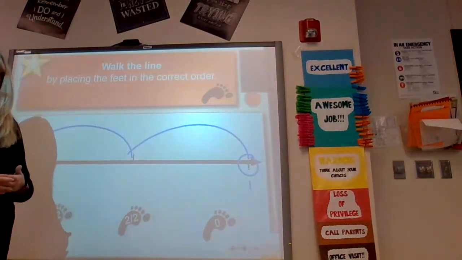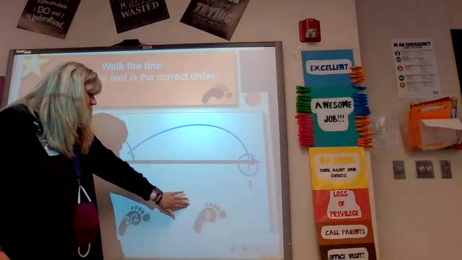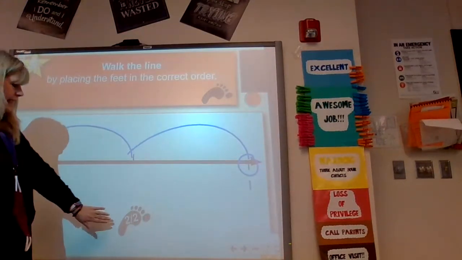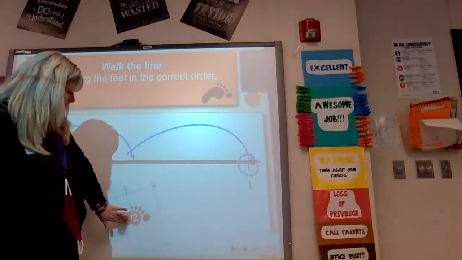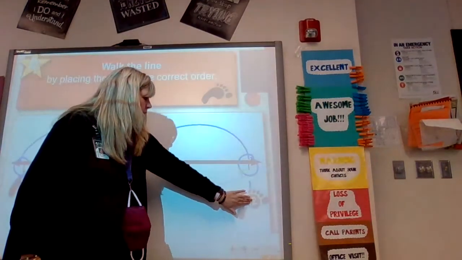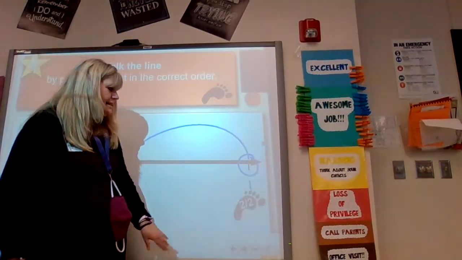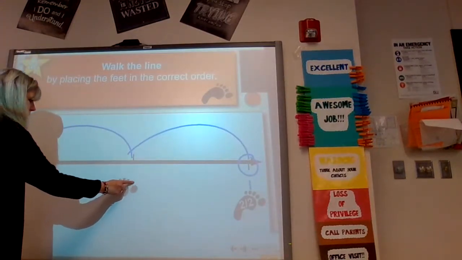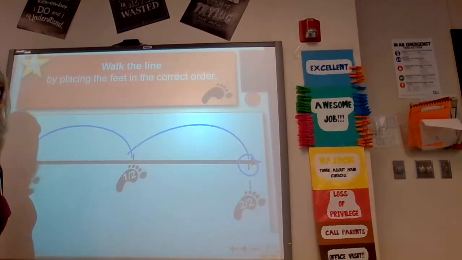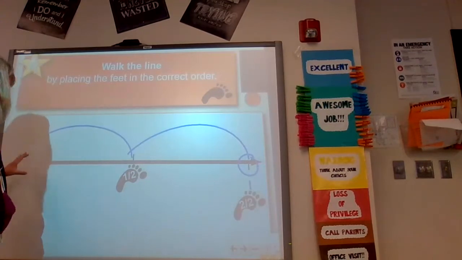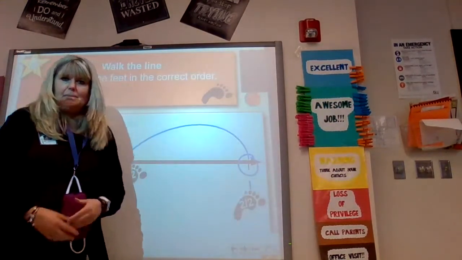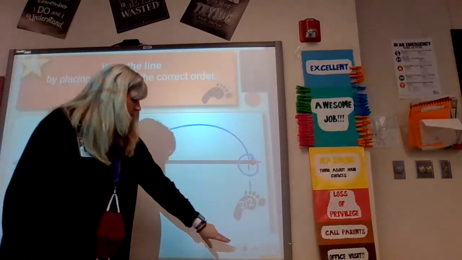Now I'm going to move the feet in the correct area. If this is 0, I'm going to move this foot right over here. And if that is 1, I'm going to move that one right there because 2 halves is the same as 1. And then right here is my first hop, and that represents 1 half. So I've got 0, 1 half, 2 halves, which is the same as 1. Let's go on.